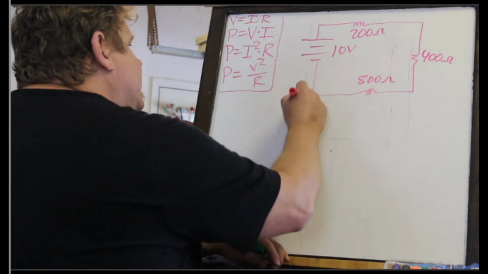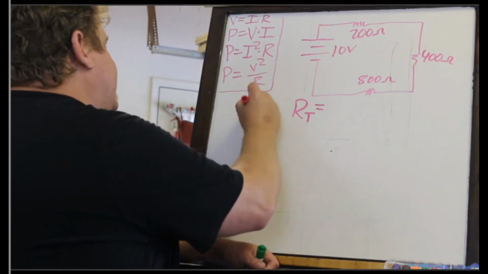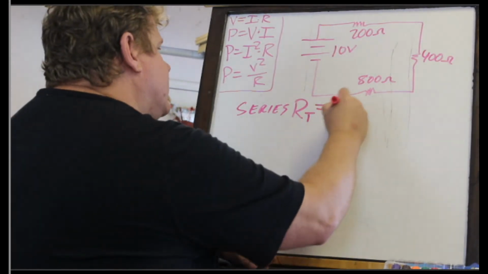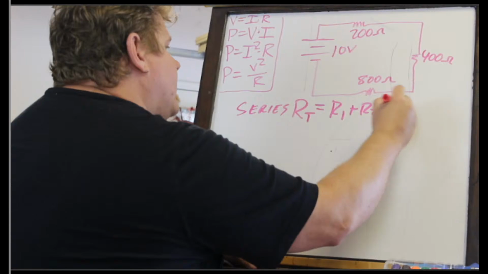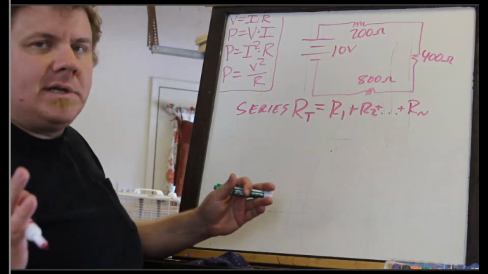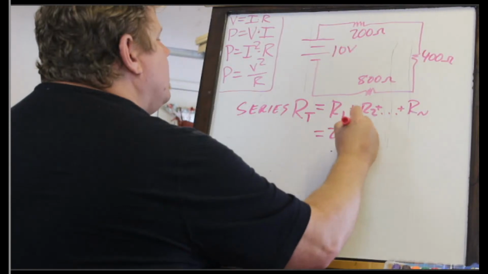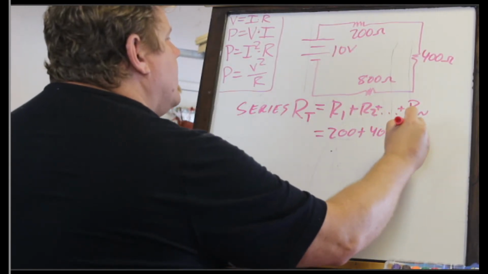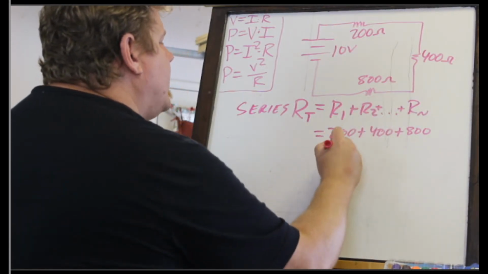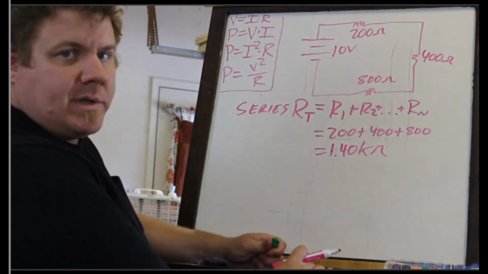First, find the total resistance. In a series circuit, the total resistance is always R1 plus R2 and so on up to Rn. However many you have in series, you just add them all together. So 200 plus 400 plus 800. 200 plus 400 is 600, plus 800 is 1400 ohms, so 1.4 kilo ohms, because I want to report that in engineering notation.